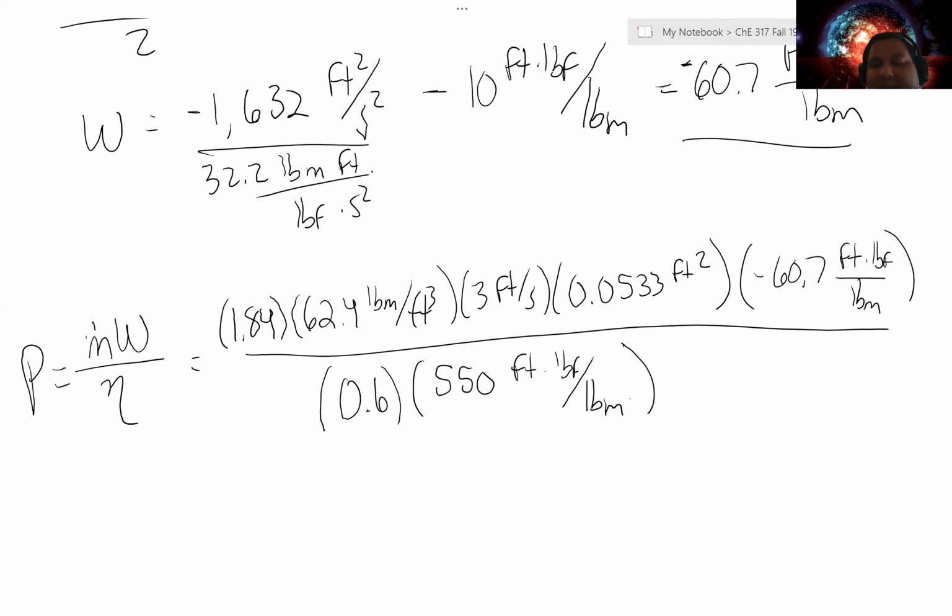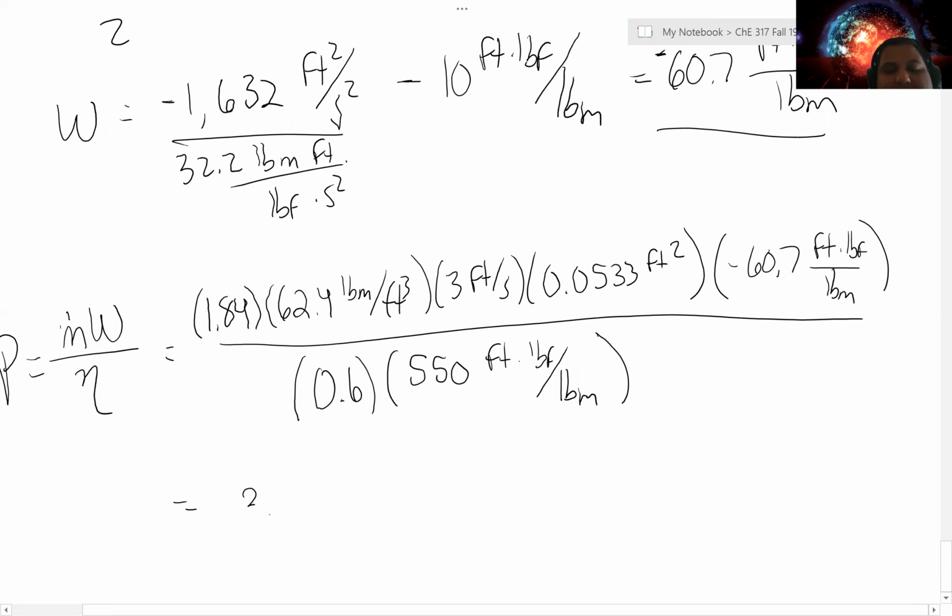And so yes, it does look a little unit heavy, to say the least. So I did this calculation and I was left with approximately 3.4 horsepower. Anyone's welcome to double check my calculation.